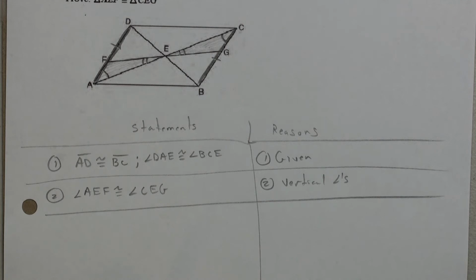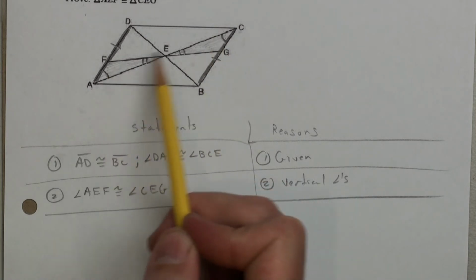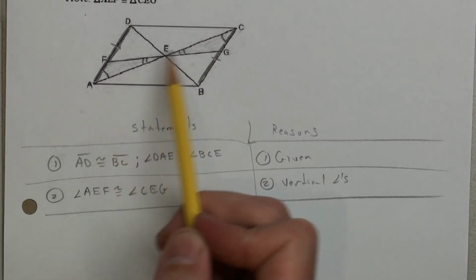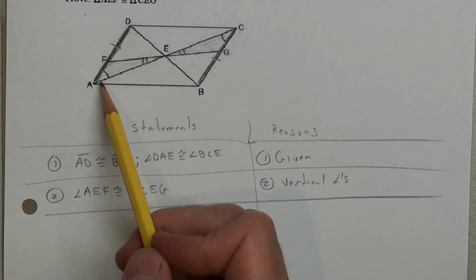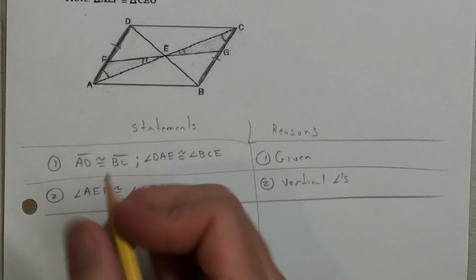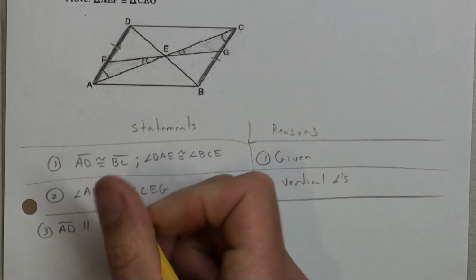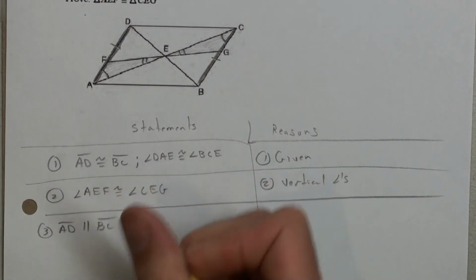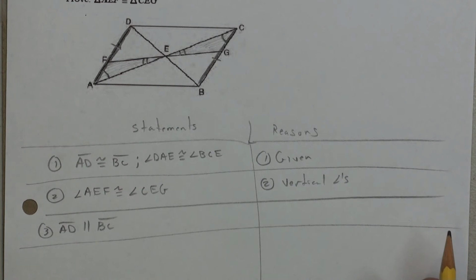We're going to have to show this thing's a parallelogram. Okay, and we can do that because of alternate interior angles. You see these two alternate interior angles? They're congruent. That means that these lines are parallel. So what we can first say is that AD is parallel to BC. Alright.